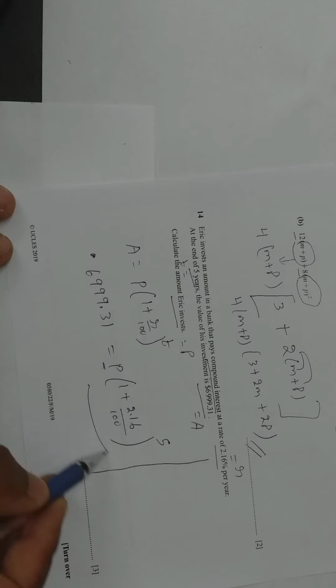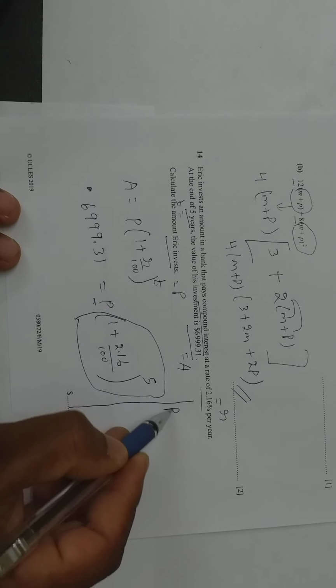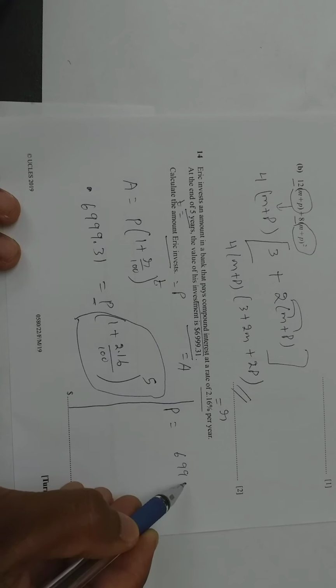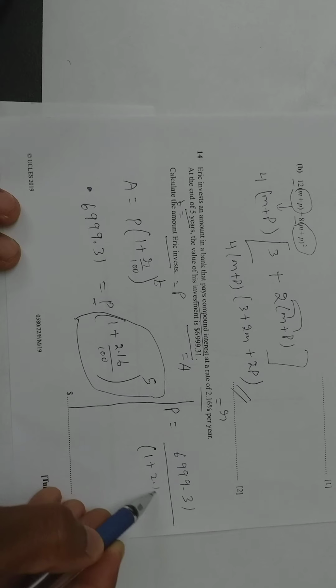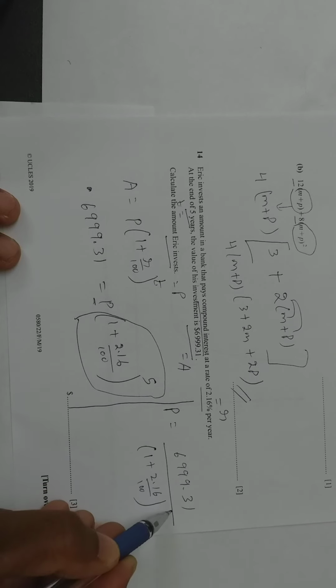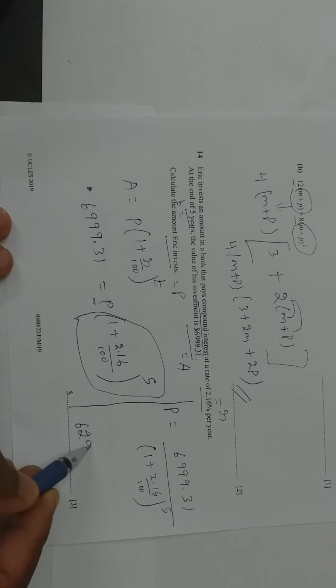To get P, send this whole thing to the other side. So it becomes P equal to 6999.31 by 1 plus 2.16 by 100 power 5. Place this in the calculator. You get the answer directly, 6290.